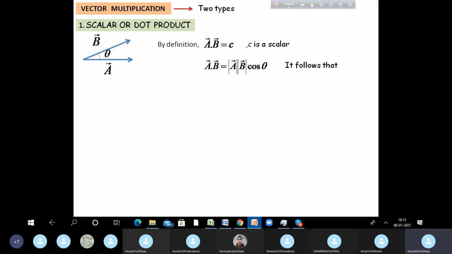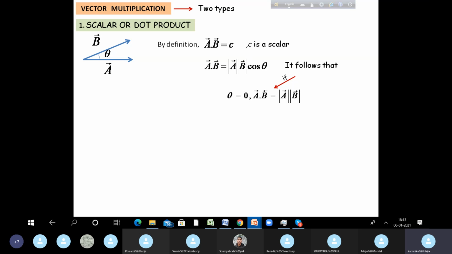Of course, from this formula, it follows that if the angle between two vectors is 0, that is, if the two vectors are parallel to each other, then A dot B is equal to just the product of the magnitudes of the two vectors.